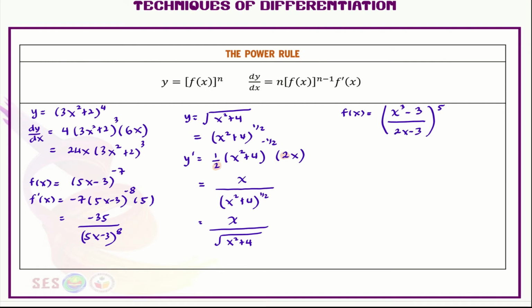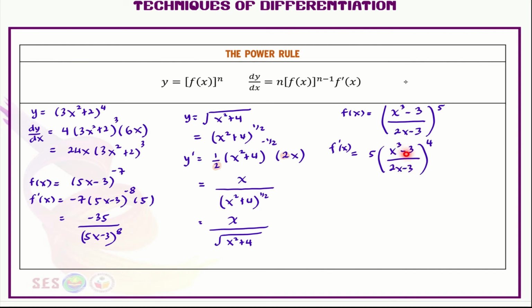To differentiate f(x) using this formula, we just need to bring down the power. Let us write f prime here. Bring down the power and write back whatever is inside the bracket, so we have (x cubed minus 3 over 2x minus 3) here, and the power now becomes 4, and we multiply with the differentiation of this one inside the bracket.